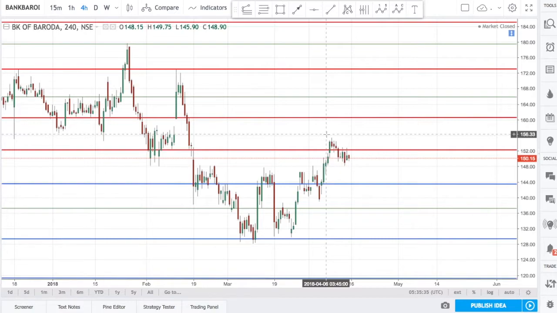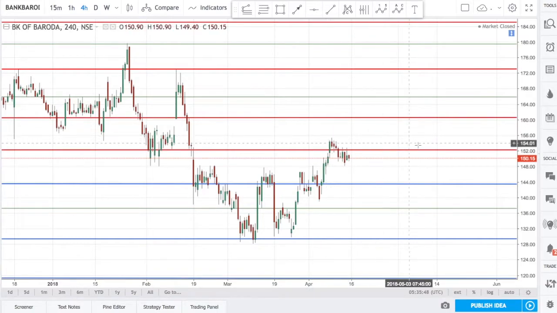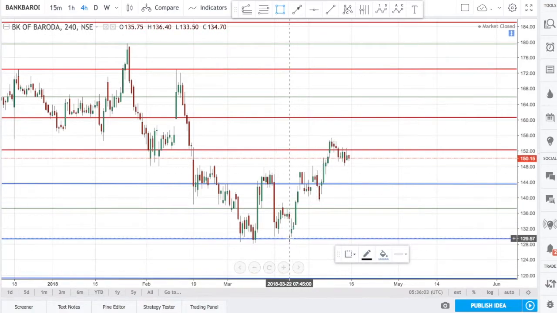Now that gives us opportunities to trade on the short side. How is the price behaving most recently? To analyze it, let's focus on this portion here.